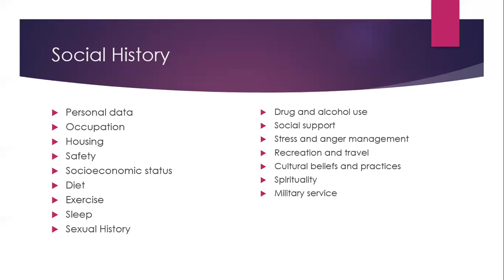So social history includes personal data, occupational data, housing, safety, socio-economic status, right? Because some diseases are related to occupation. If I'm working as a farmer, I have a chance to develop lung disease. If I work in the rubber industry, I have a chance to develop bladder cancer.